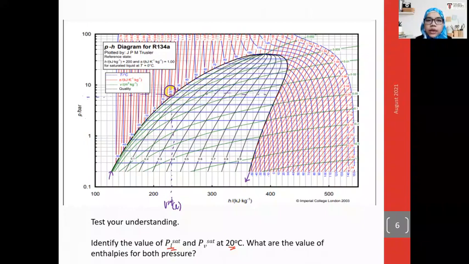Then we can drag this line until we reach here. This is our next line, so the enthalpy here is the saturation enthalpy of the vapor. So you can see that at constant temperature and pressure, there is a significant difference in the value of enthalpy at a given temperature and pressure.